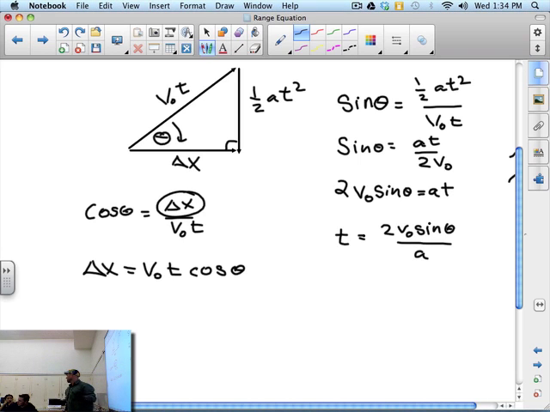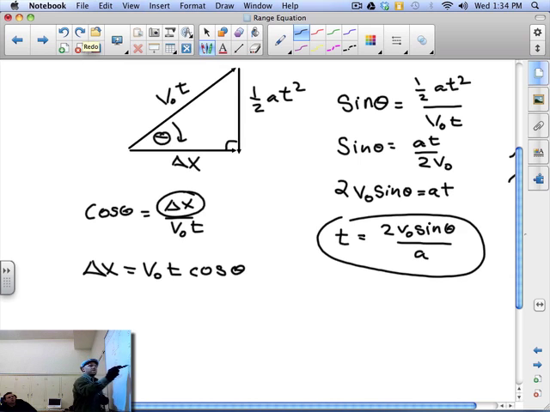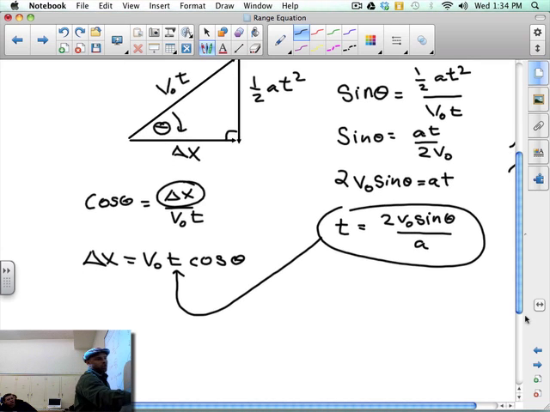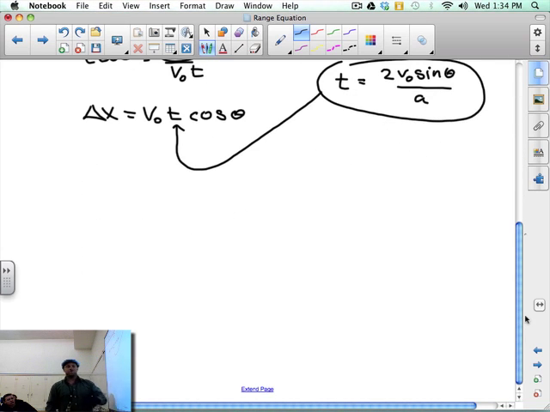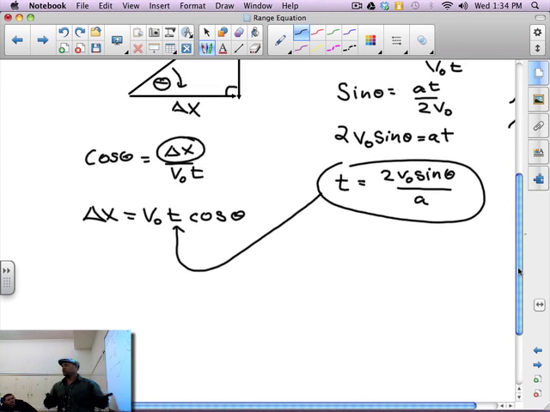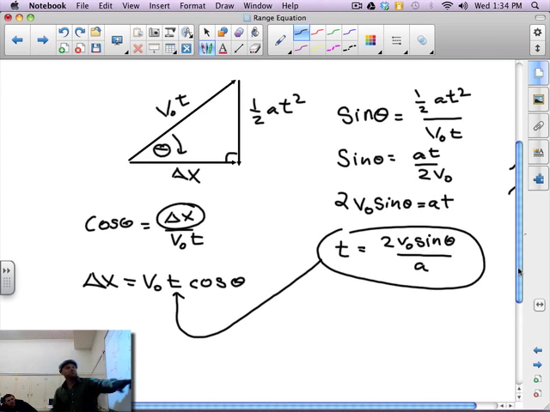It's much simpler. We're pretty much done with a task that used to drive people crazy. In honors physics, it was one of the hardest derivations we did, and it's pretty easy at this point.